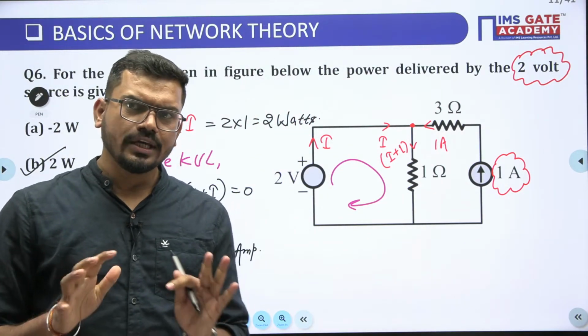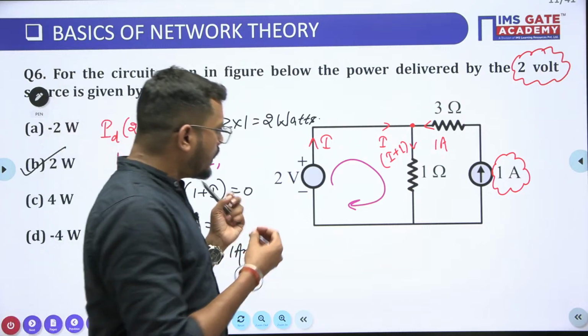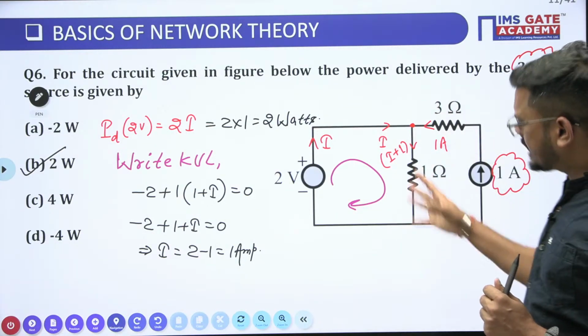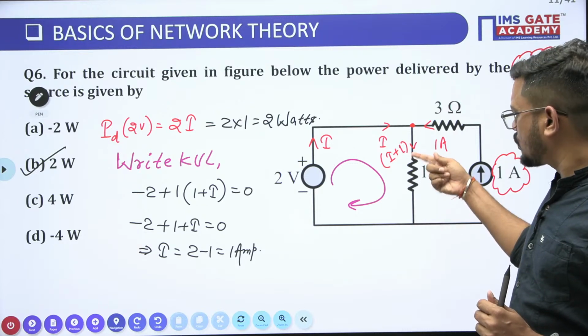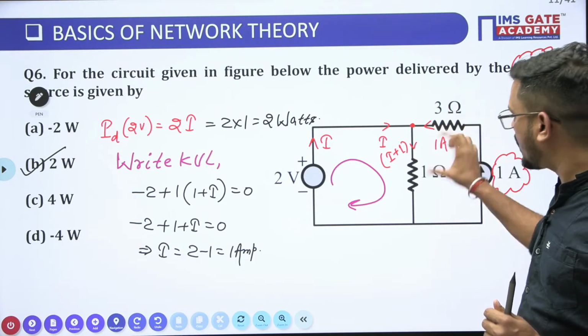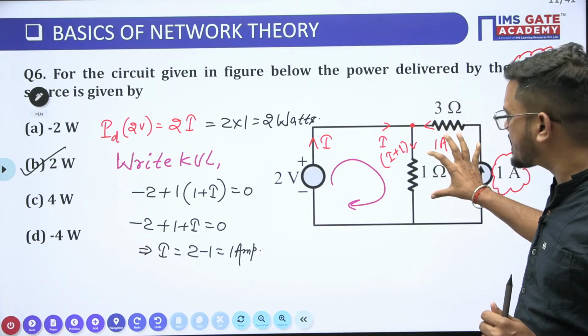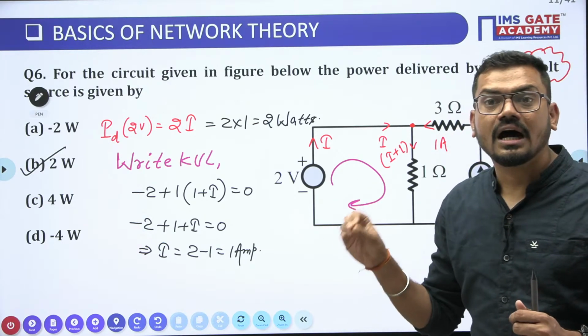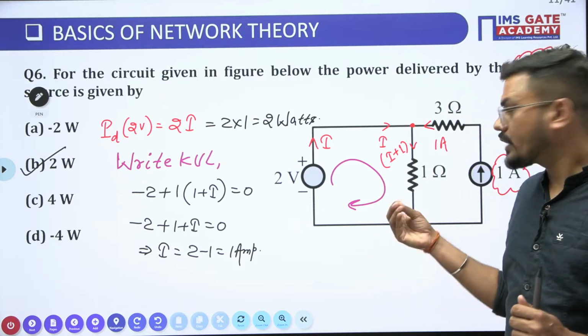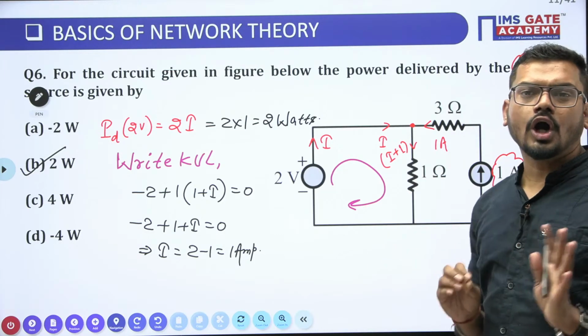In this problem, in a GATE paper, if they ask the current through this 2 ohm resistor, the power drop across this 3 ohm resistor, the voltage across this 2 ohm resistor, anything, you will be able to solve and give the answer for all types of questions, guys.